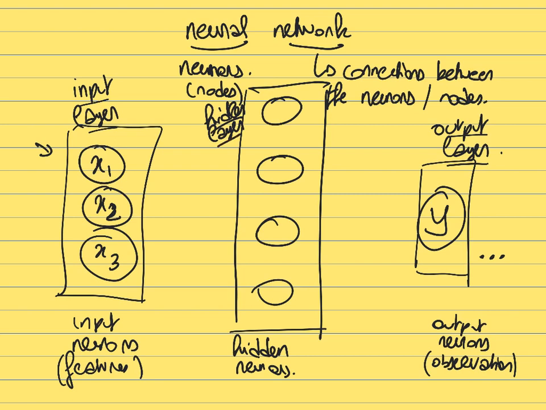This hidden layer is going to be made of hidden neurons, and here you can have an arbitrary number. Here I drew 4 hidden neurons, but you can have more than 4. You can have 1, 2, 3, 4, 5, any number that you want. Again, depending on the number of neurons that you use, your model can either be underfitted or overfitted.